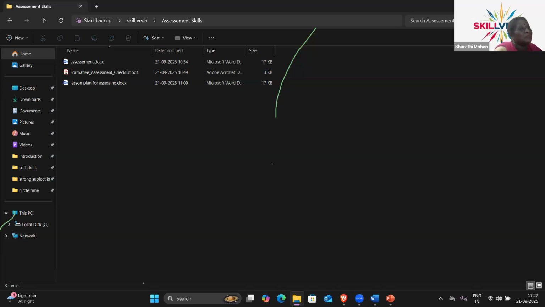Now analyze which would be the appropriate answer and why you say this is the answer. So this way the child starts critical thinking and analyzing the things. So this really works with the children. They start doing it.